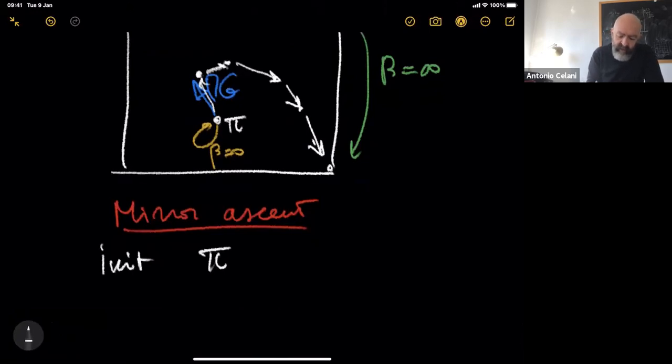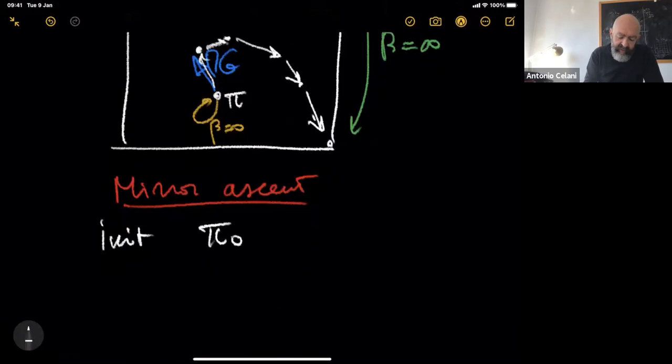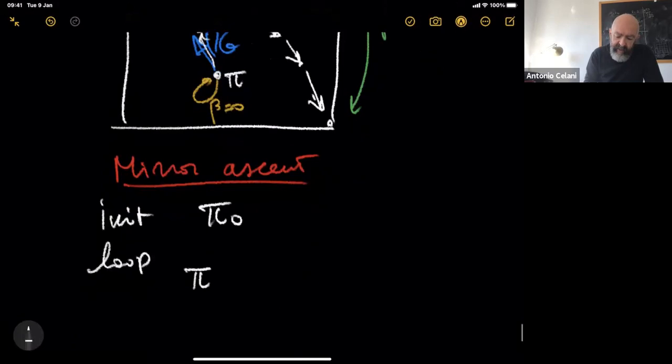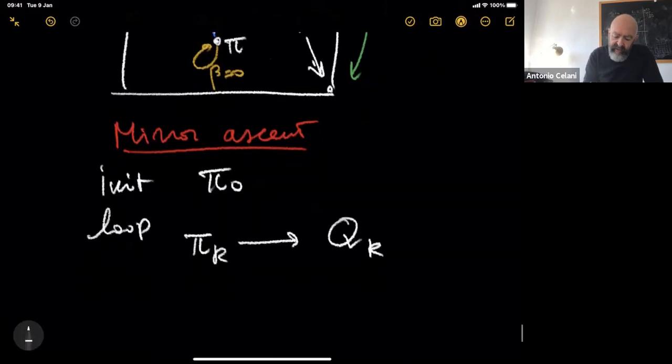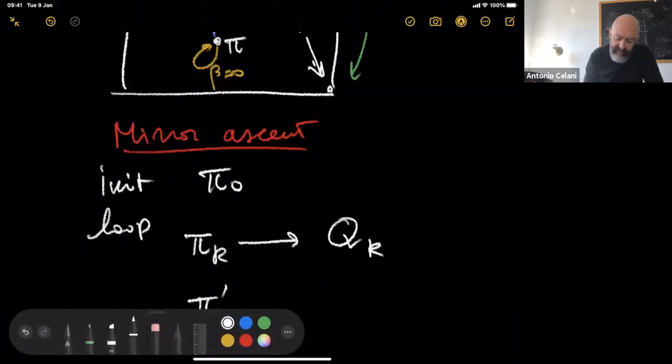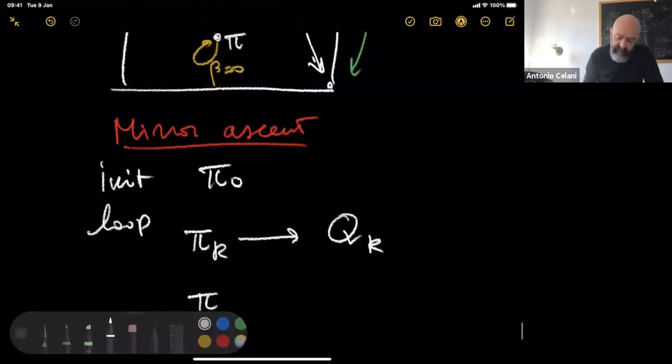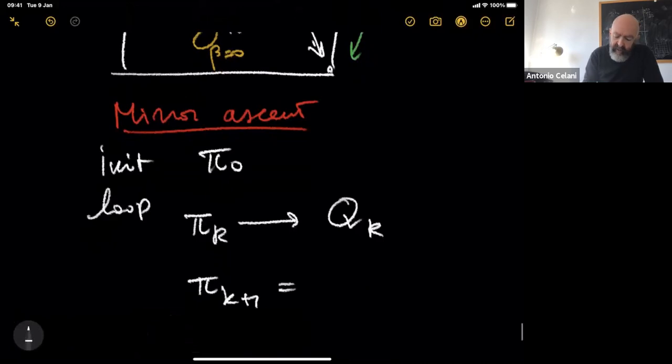Initialization: your policy pi 0 as usual. And then you have to iterate in a loop. From your policy pi k, compute your Q function, Q k, as we did several times so far today. And then get your new pi k plus 1 equals pi k times exponential of beta Q k, normalized.